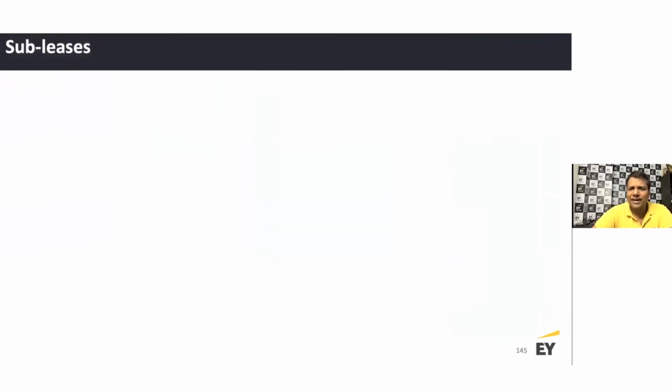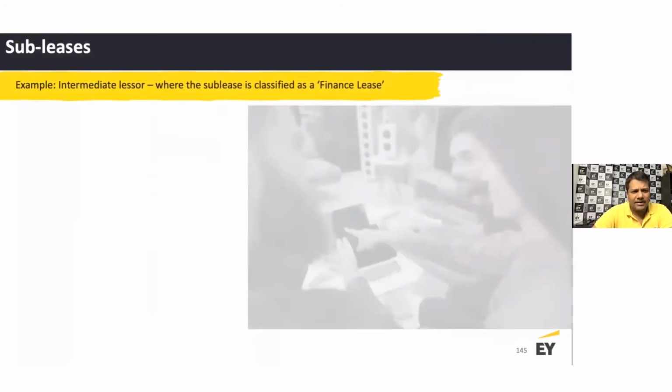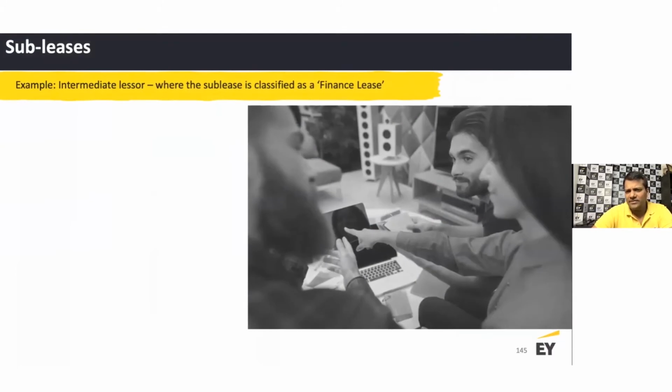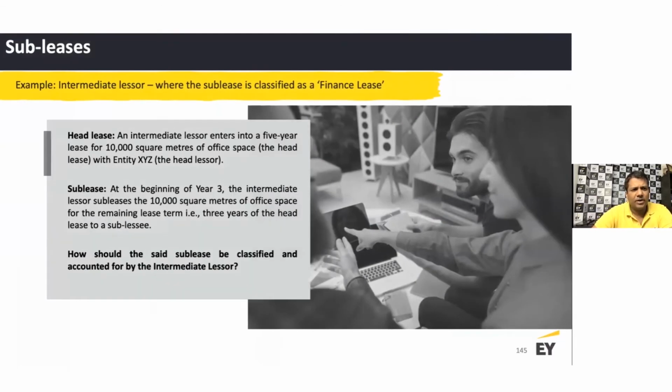Let's look at another example where the sublease is classified as a finance lease. An intermediate lessor enters into a 5-year head lease for 10,000 square meters of office space with entity XYZ, the head lessor.